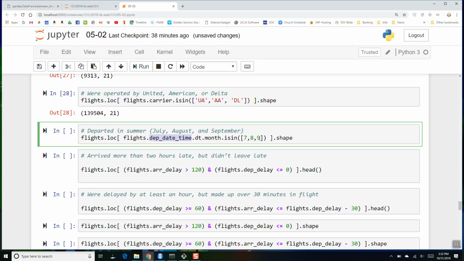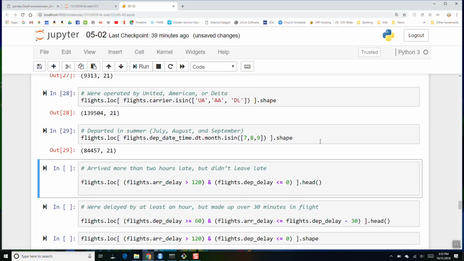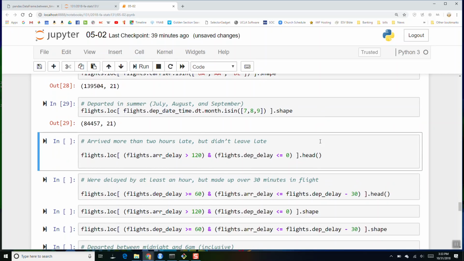And if it's scheduled for September 30th, but then the delay pushes it so it takes off October 1st, it will not appear in this one, but it'll appear in the scheduled one. And vice versa, if it's scheduled for June 30th and the delay causes it to take off July 1st, it'll appear over here, but not in the scheduled one. So it'll depend on what you decide. These things that seem inconsequential may or may not affect the results of your analysis, right?